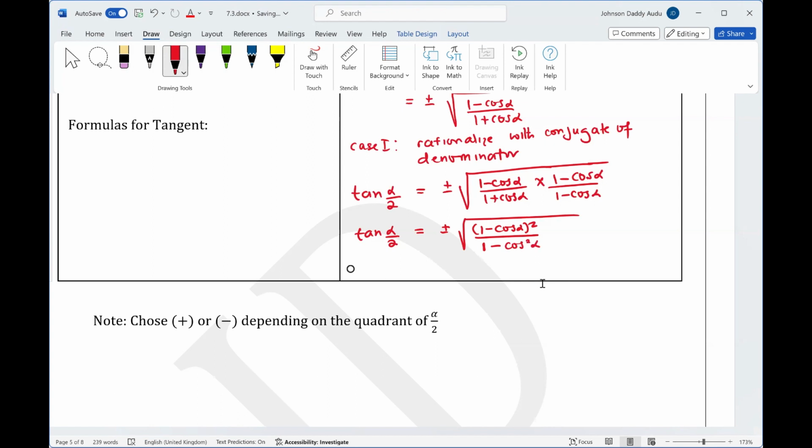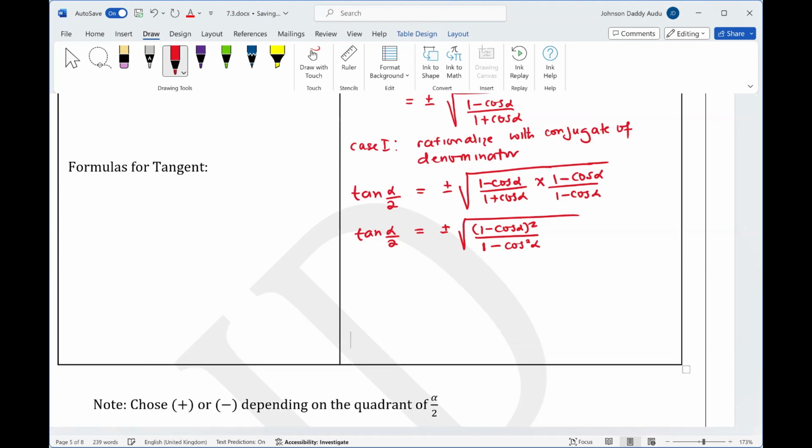Okay. Then we can split the powers here. So this will be plus or minus the root of (1 minus cosine alpha) squared, and over here also we can split, right? We can split the denominator, which is 1 minus cosine squared alpha.